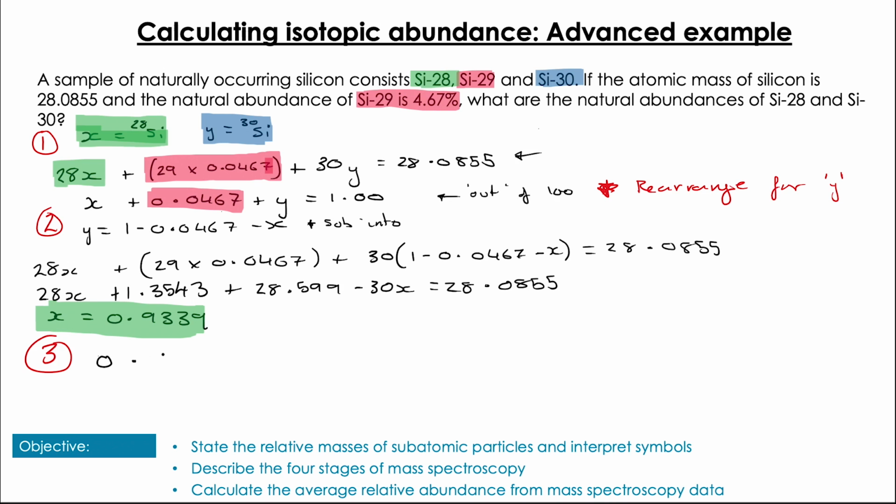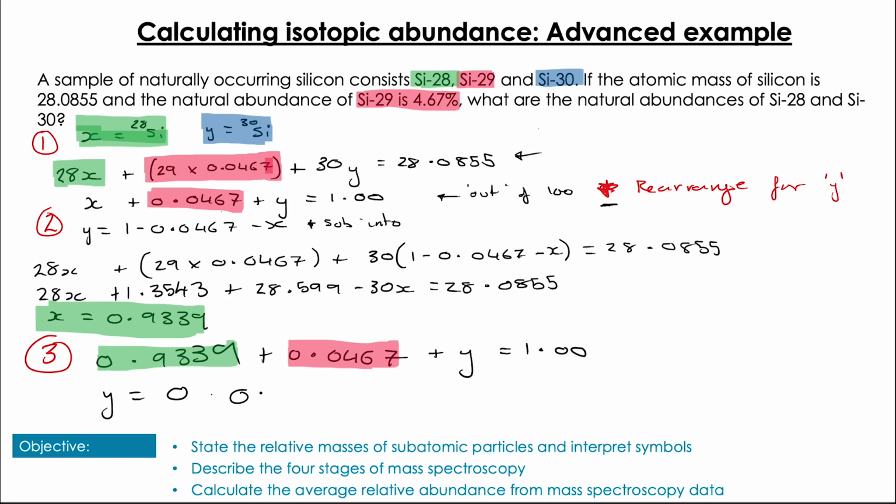And to do that, we're just going to take the abundance that we found, our value of X, and plug it into that equation. So 0.9339 plus 0.0467, which is again our silicon-29 abundance, plus Y is going to be equal to 1. So we solve for Y, which is going to be 0.0194.